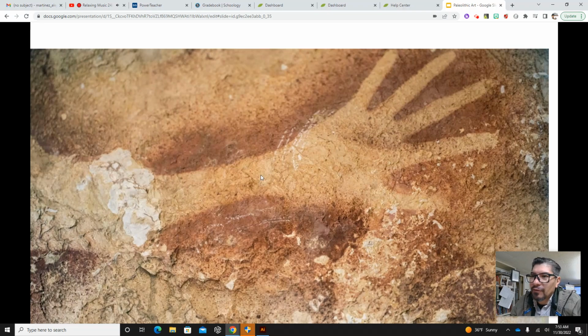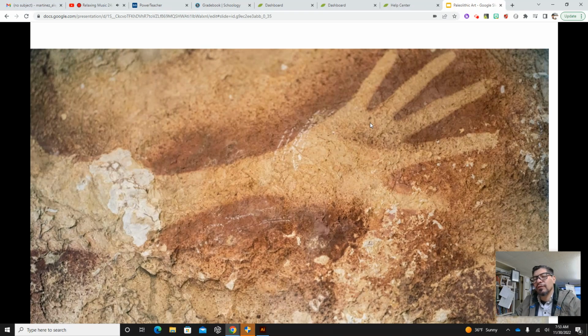And you can tell that there are different colors of earth. This may have been traced over. There's lines that are overlapping. So it could have been one person or multiple people reprinting these hands over and over again.